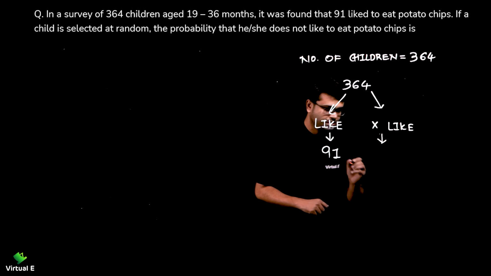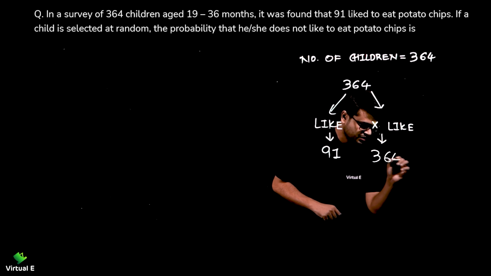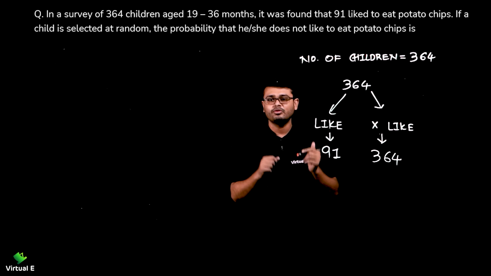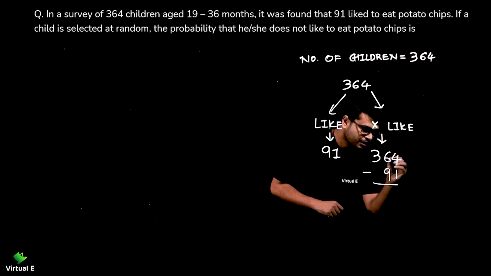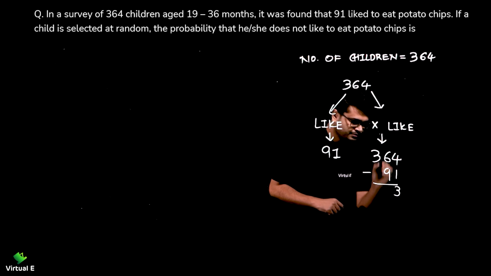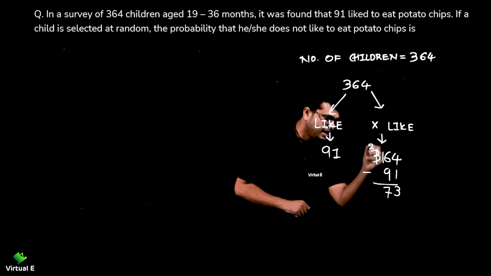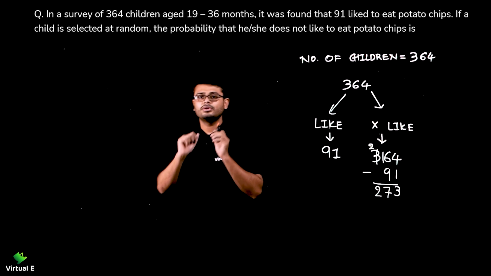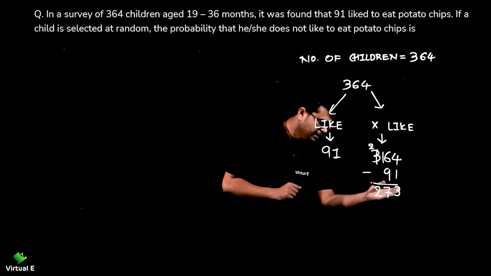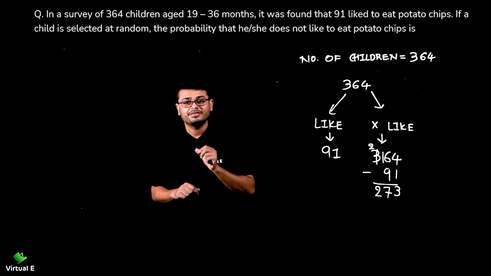How many children are there? 364. Out of that we need to remove how many? 91. 4 minus 1, 3. Then here 16 minus 9 is 7, and 2 as it is. So the number of children who do not like to eat potato chips is 273, right?